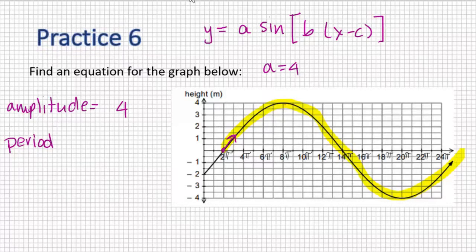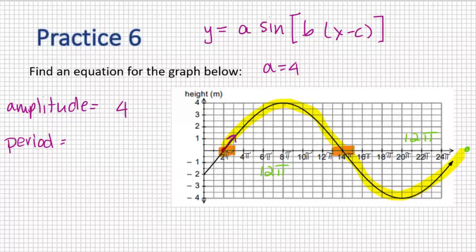The period for this function, well, for half of this function, I travel from 2 pi to 14 pi. We travel a distance of 12 pi. So if this is 12 pi for half of the cycle, then we must cross the x-axis 12 more pi later. There must be another 12 pi on this side.